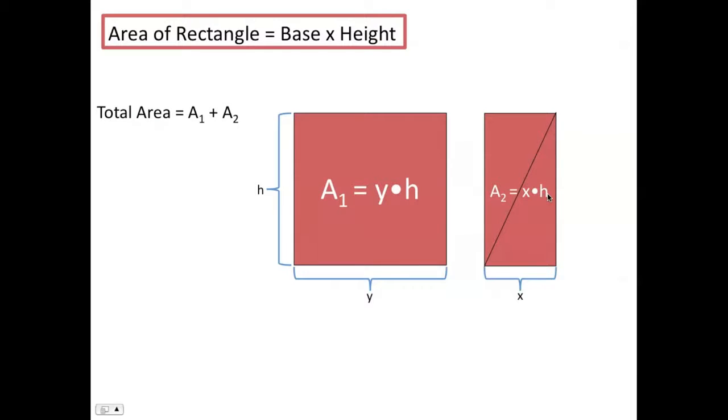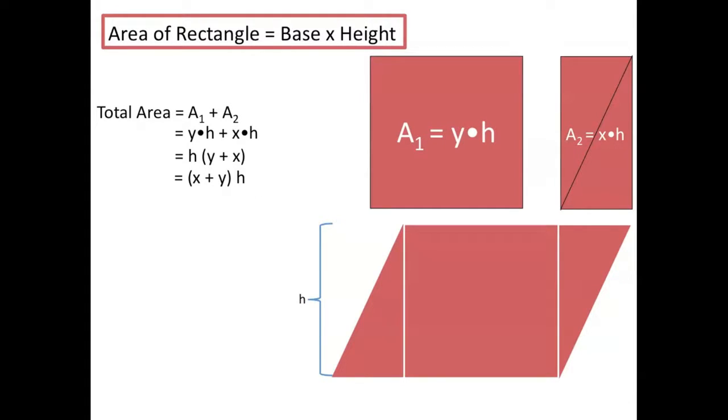So that means the total area of our parallelogram is going to be the area of this rectangle plus the area of this rectangle. If we put in the terms, we have y times h plus x times h. And you can see that this h can be factored out, so we end up with h times (y plus x), which we can rearrange to write as (x plus y) times h.